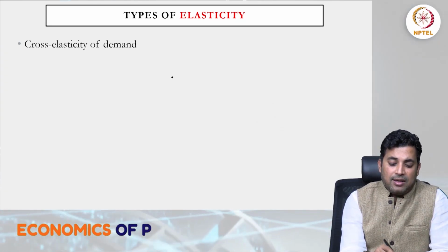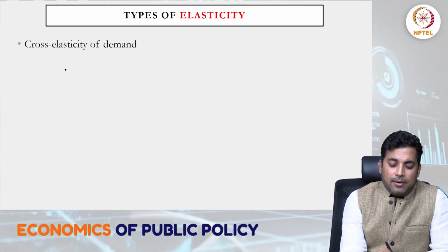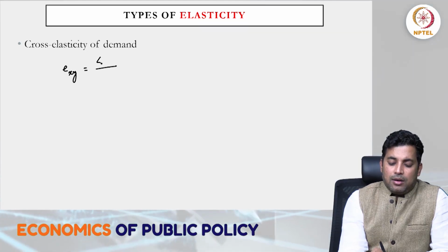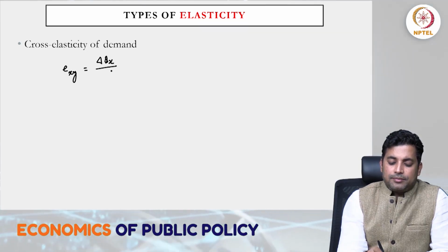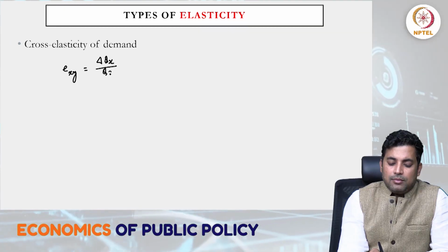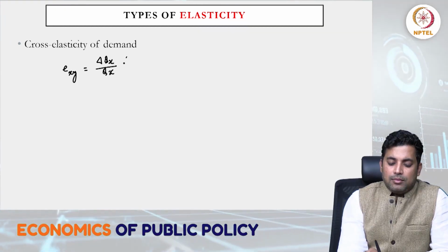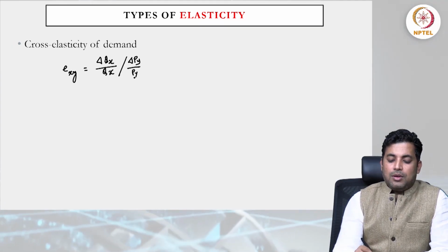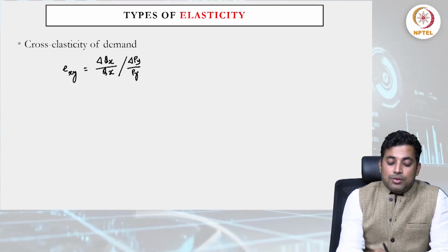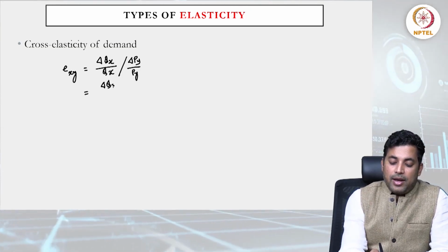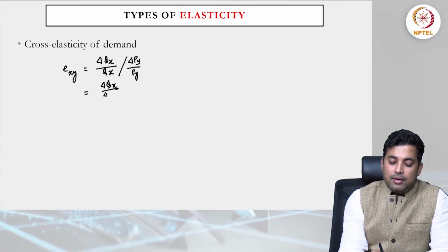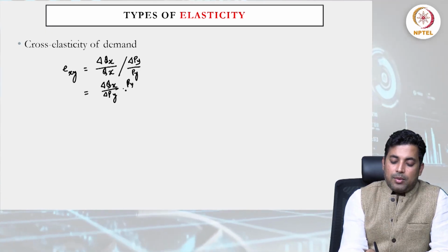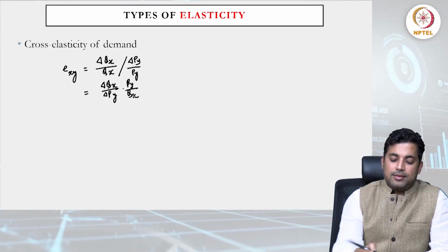So cross price elasticity is basically, say X and Y, and then the quantity of X. So we can write delta Qx by delta Py times Py by Qx.